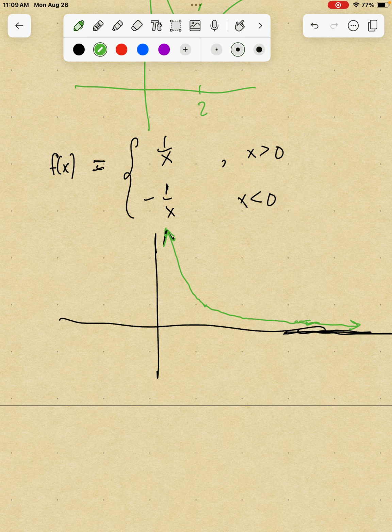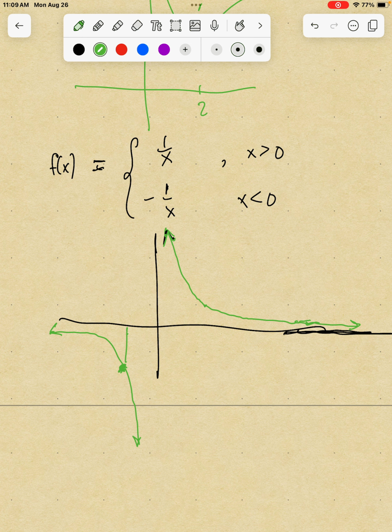Well, if you just had 1 over x, it would be like this. So this would be the graph of y equals 1 over x, but then you want negative 1 over x, so you want to flip across the x-axis. You want to multiply all these y values by negative 1. So when you multiply a y value, like let's say this is y equals negative 3, you multiply by negative 1, you get positive 3. Right?